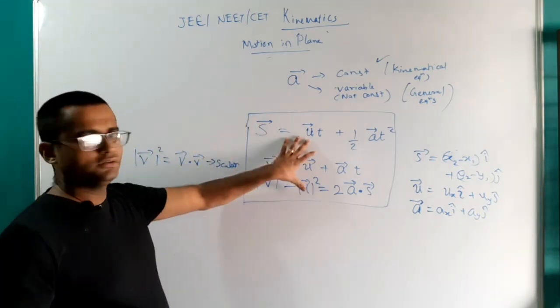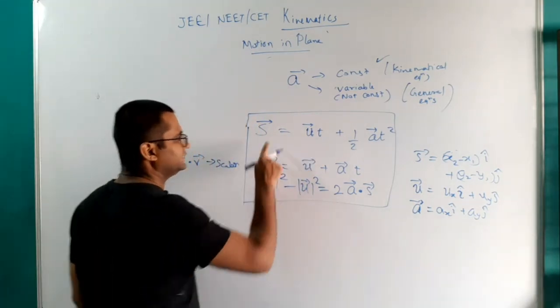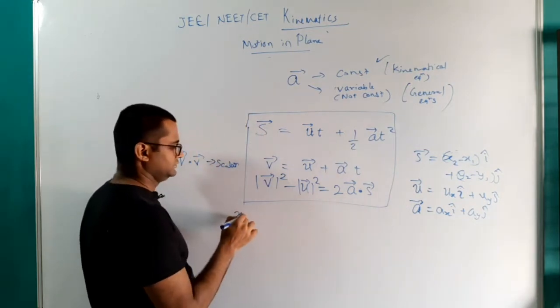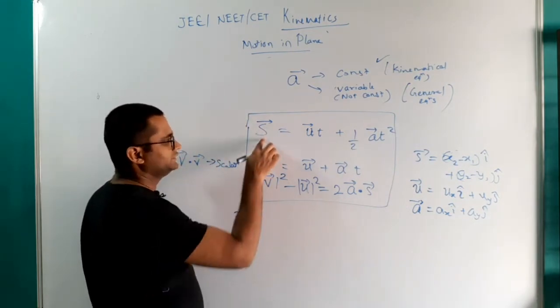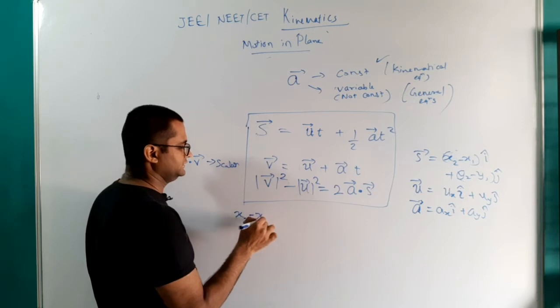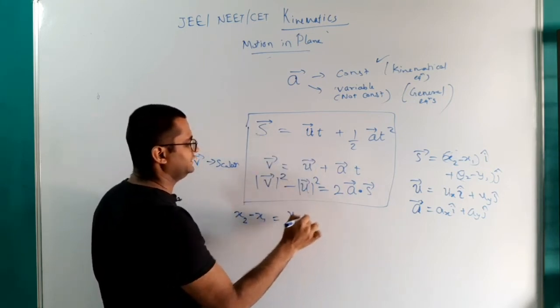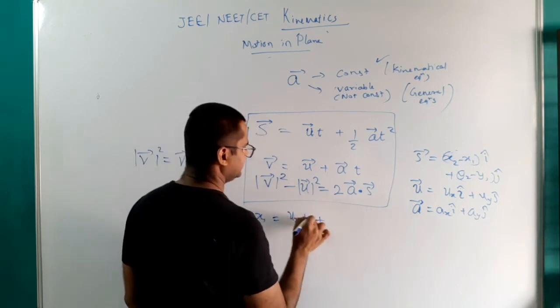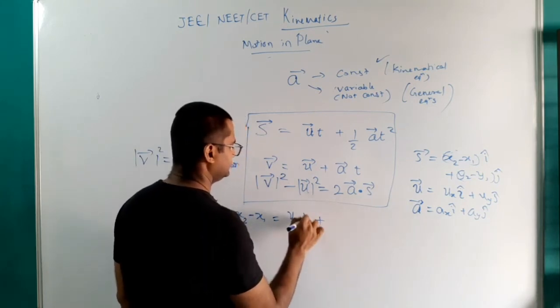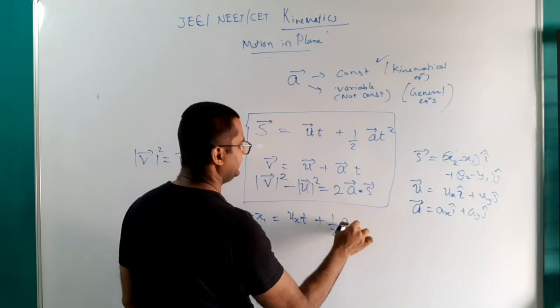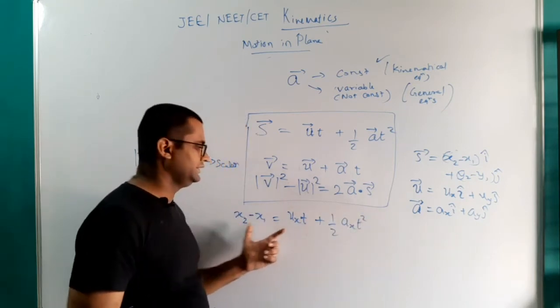If I want to write this in component form, I can write it this way. If I take the x component, this will be x2 minus x1 equal to uxt plus half ax t square. We will only write the x component.